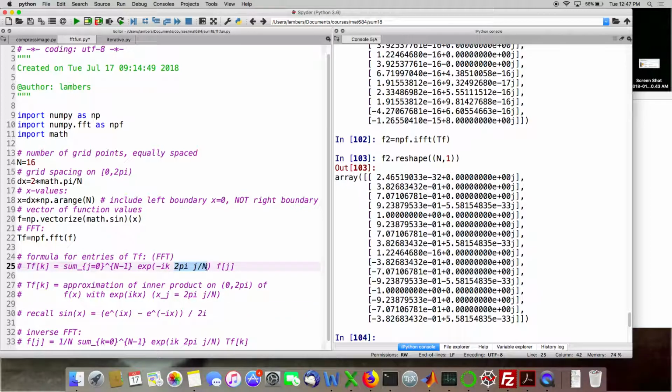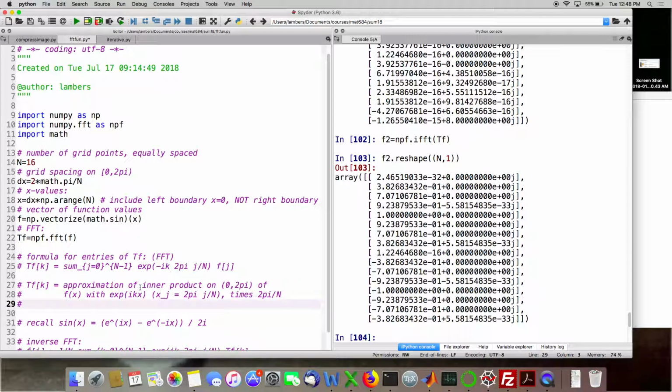So this is just the x value. But the inner product would have 2 pi over n in front of it, which we don't have here. Because the inner product is an integral of f of x times the conjugate of e to the I kx.